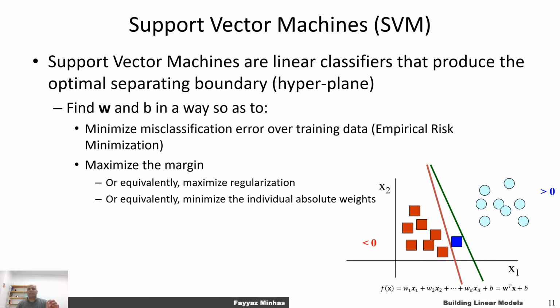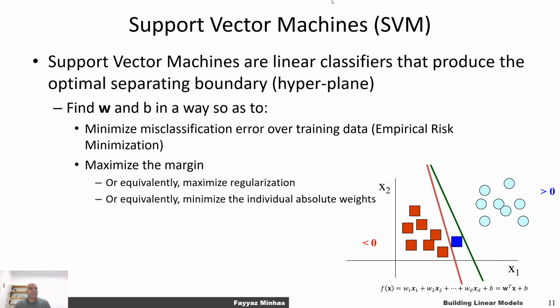So we can say that structural risk minimization, which minimizes these weights, or equivalently performs regularization or maximizes the margin, together with empirical risk minimization, is going to do better than simple error minimization over the training data, or empirical risk minimization only.